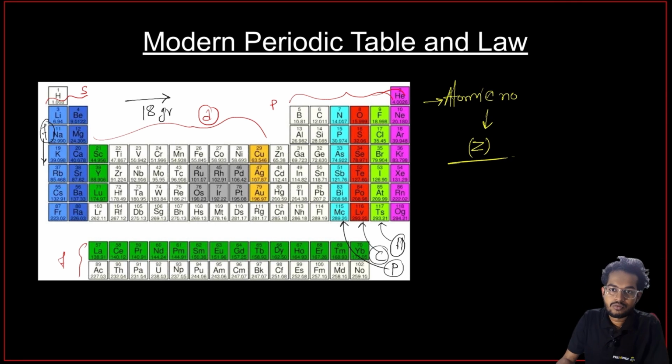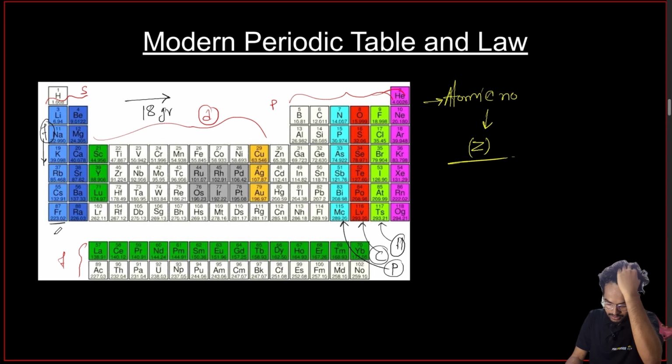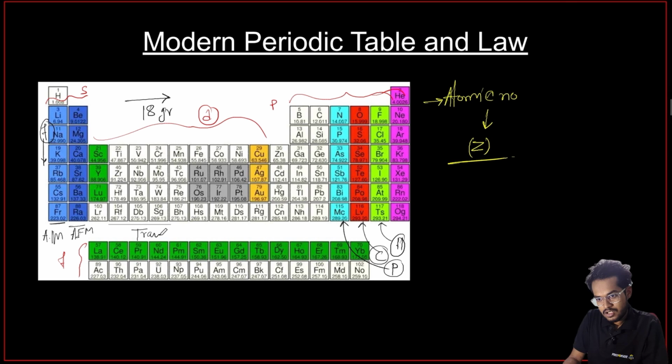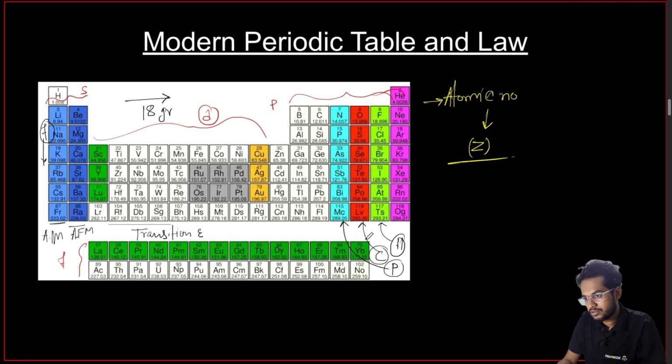Let's talk about what we call the first one. We call it alkali metal. This one is alkaline earth metal. This one we call transition elements, and I told you this is the pnictogen family, this is the chalcogen family, this is the halogen family, and this is the inert gases.